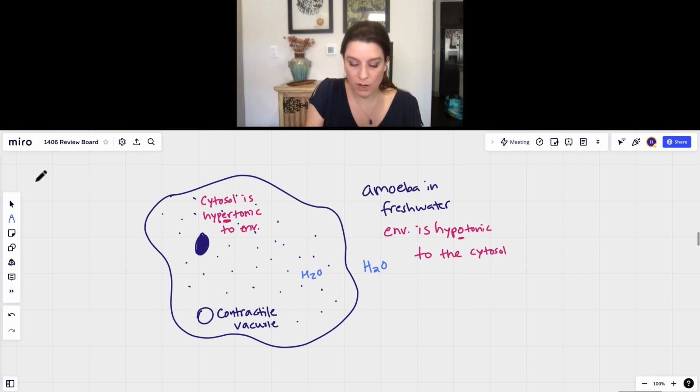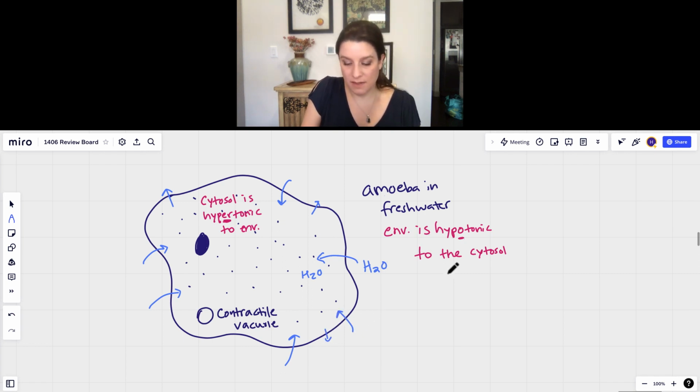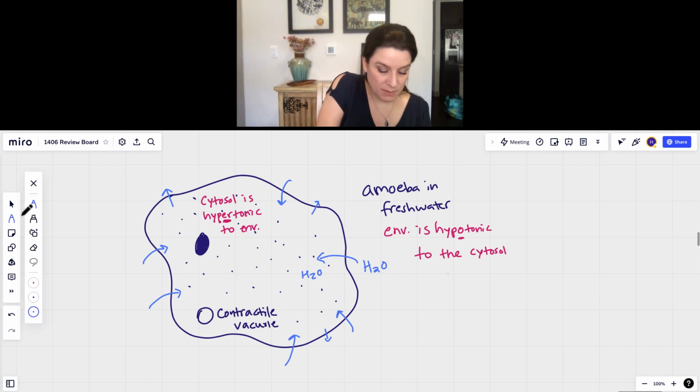So what's going to happen? We're going to have water moving towards the place with more solute. That means more water is moving in than out. A little bit of water moves out, but most of the water is moving in, towards the more concentrated solution. Which means what? Well, it depends. Amoebas don't have a cell wall. That's important.